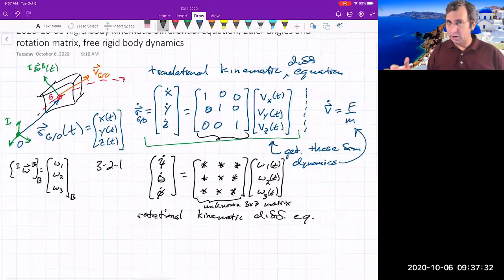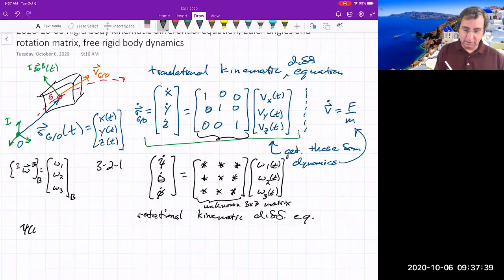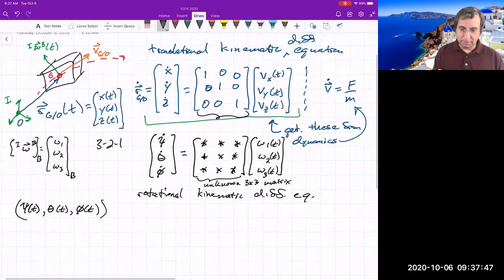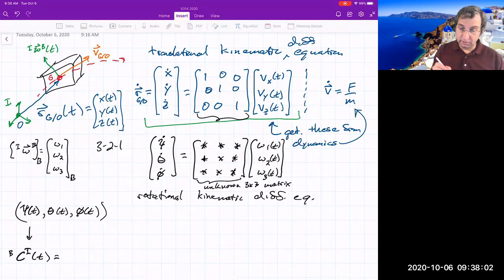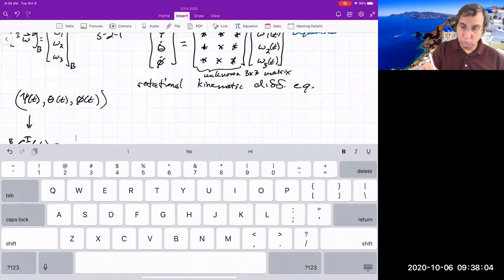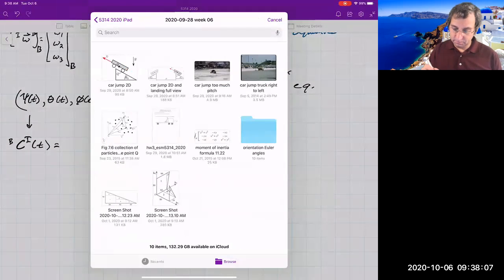Because once we know how the Euler angles evolve in time, then we know how the frames evolve in time. If you have the Euler angles as a function of time, say yaw, pitch, and roll, then you could populate the entries of that rotation matrix that relates the two frames. Actually, I think I have a version of it that I can show you.